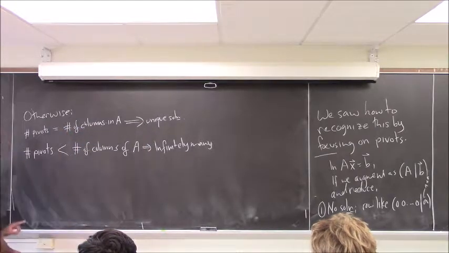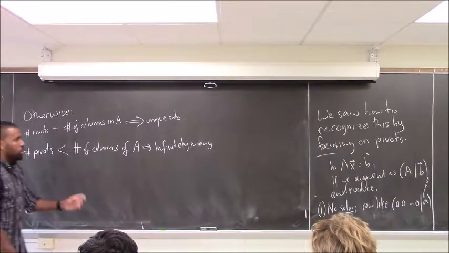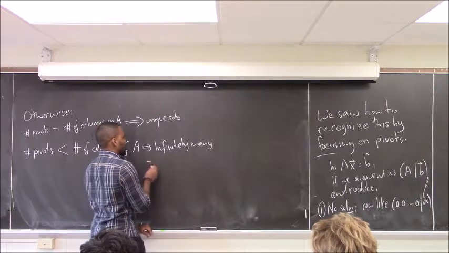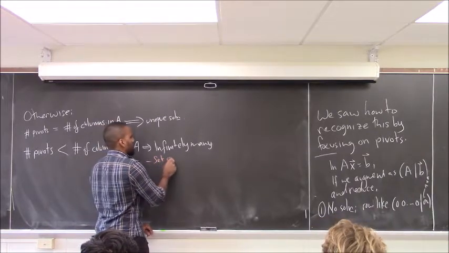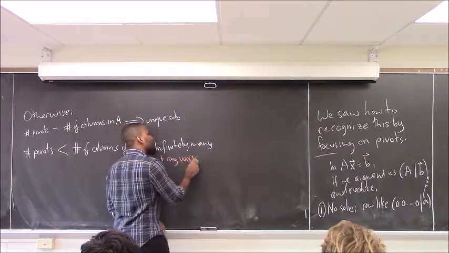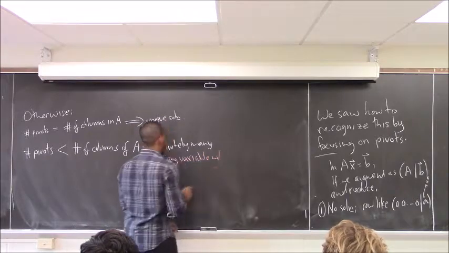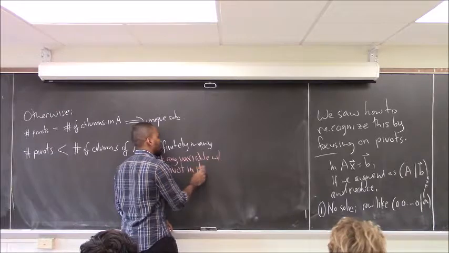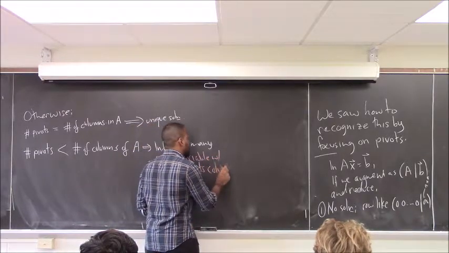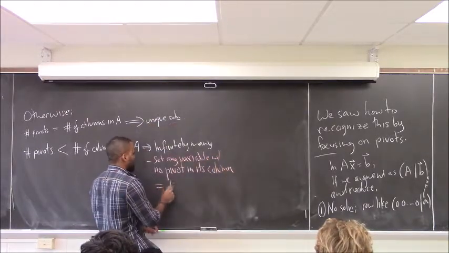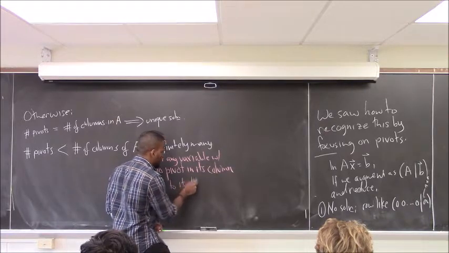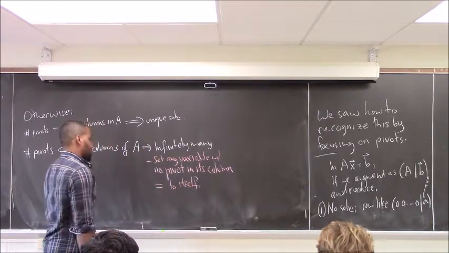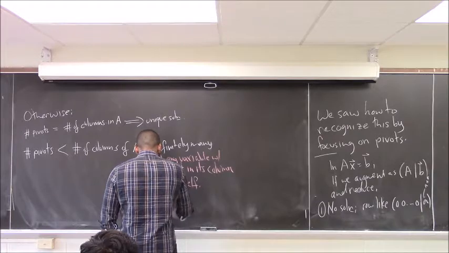And I want you to remember how to deal with the situation here. What you would do is set any variable with no pivot in its column equal to itself, and solve for all of the variables in terms of this one.